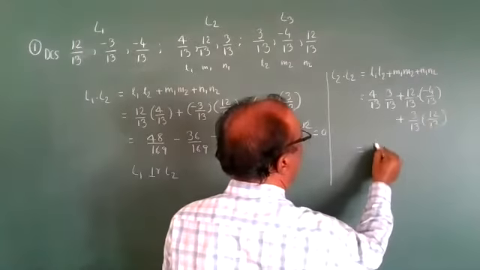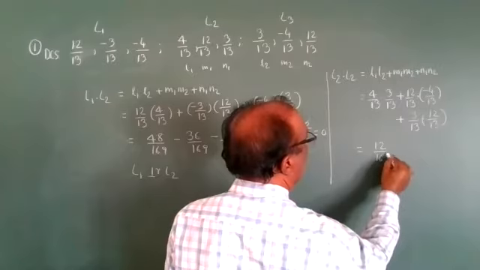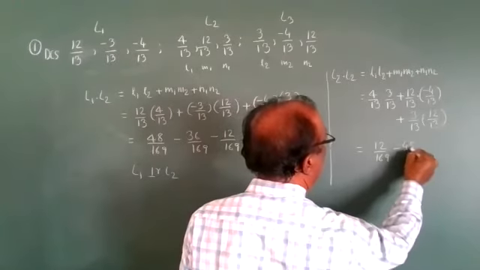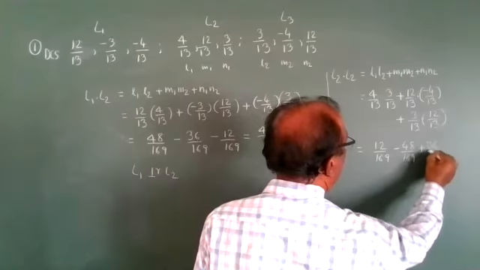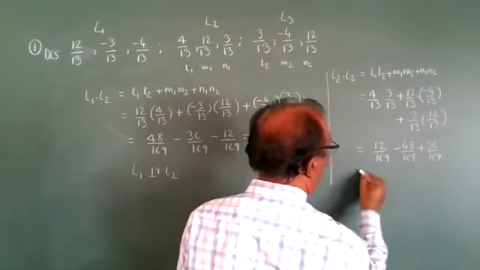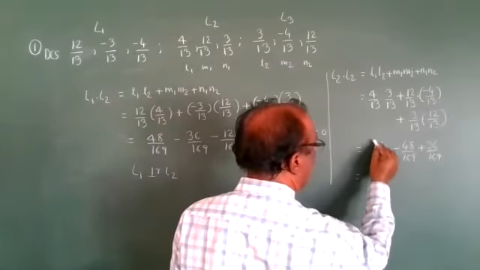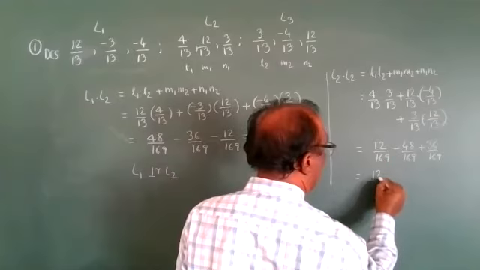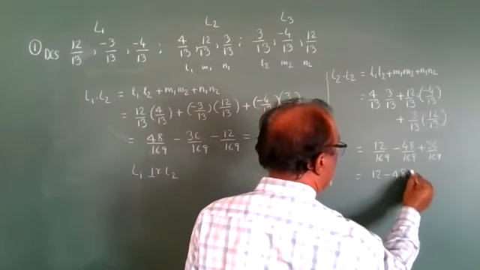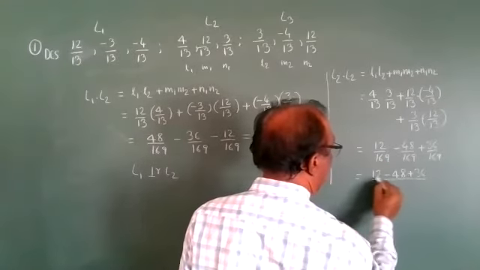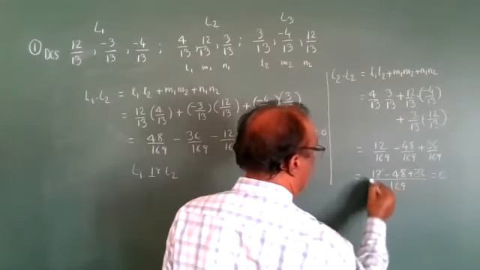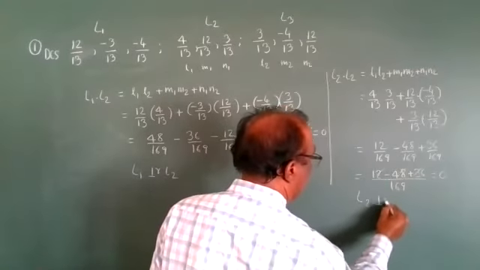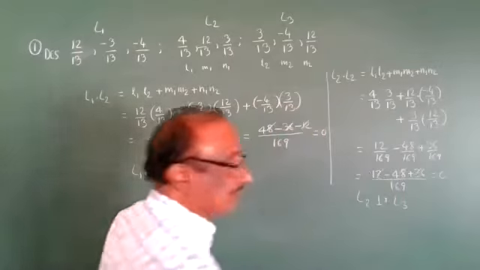Now you can see 12 by 169 minus 48 by 169 plus 36 by 169. 12 minus 48 plus 36, over 169, total cancels, value is 0. Therefore, L2 is perpendicular to L3.